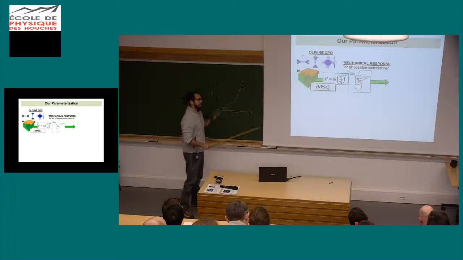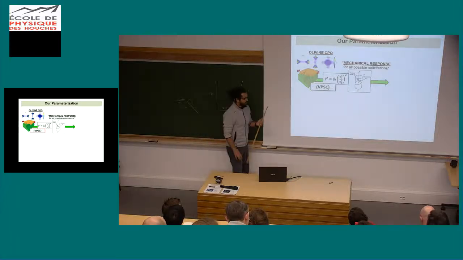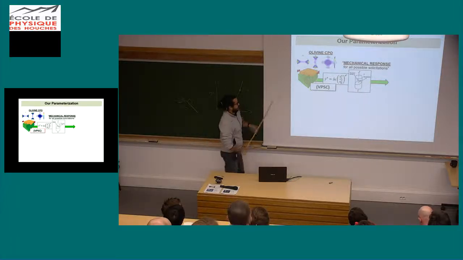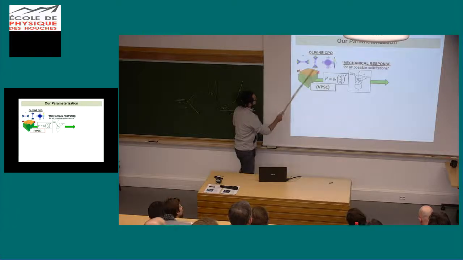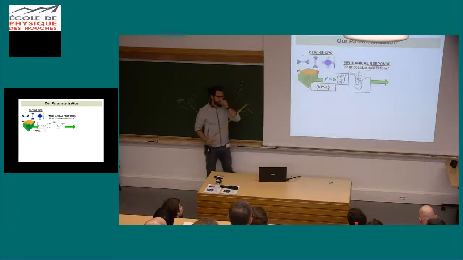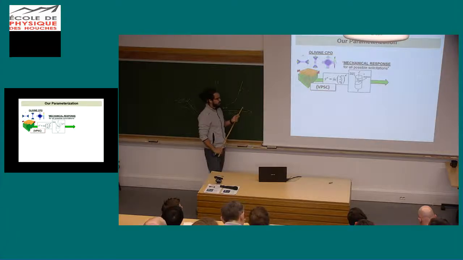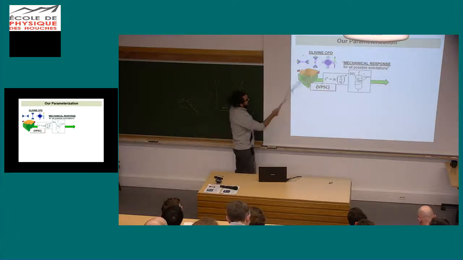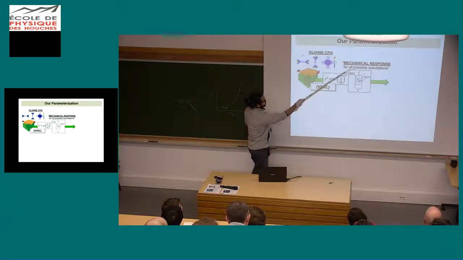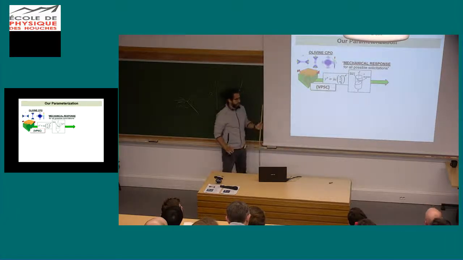I will try to explain quickly what I've been doing these 2 years. So we consider a fossil shear zone in the upper mantle and a crystallographic preferred orientation coherent with this fossil strike slip fault, or with this fossil shear zone. And then we calculate that using VPSC. And then we calculate the mechanical response for all possible solicitations, also using VPSC.